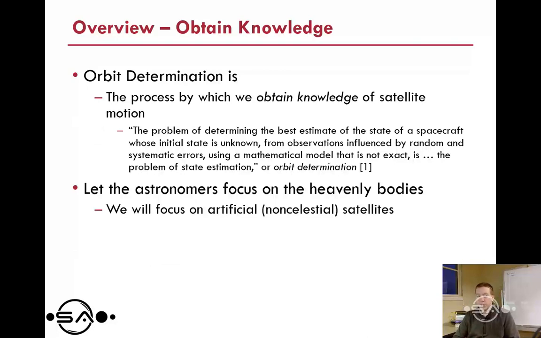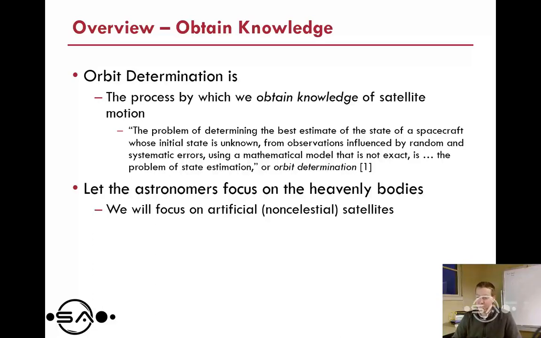So orbit determination is essentially guessing where a satellite is. The quote that I really enjoy from the textbook is: the problem of determining the best estimate of the state of a spacecraft whose initial state is unknown from observations influenced by random and systematic errors using a mathematical model that is not exact is the problem of state estimation, or orbit determination.